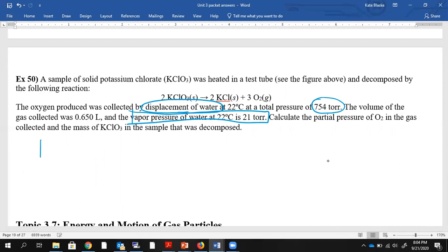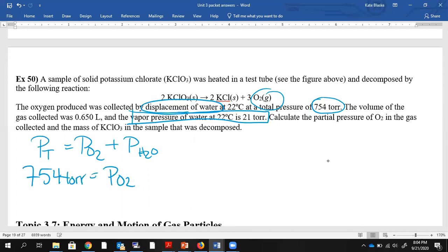So I know that my total pressure is equal to the pressure of this oxygen gas that I'm trying to collect, plus the pressure of that water vapor that traveled along with my oxygen. If my total pressure is 754 torr, my pressure of oxygen plus 21 torr is going to equal that.